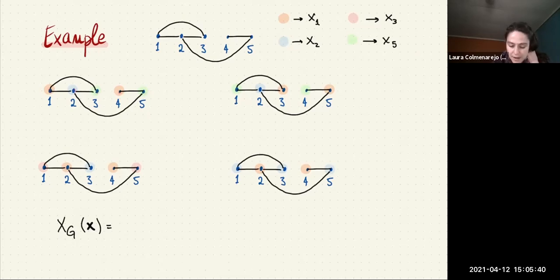So if you look at x1, this means the orange color. So how many do I have here? I have 2, so I have x1 squared. If I look at x2, which corresponds to the blue one, I only have 1. If you look at x3, which is the pink one, doesn't appear, so I have x3 to the 0, and then x5 squared.